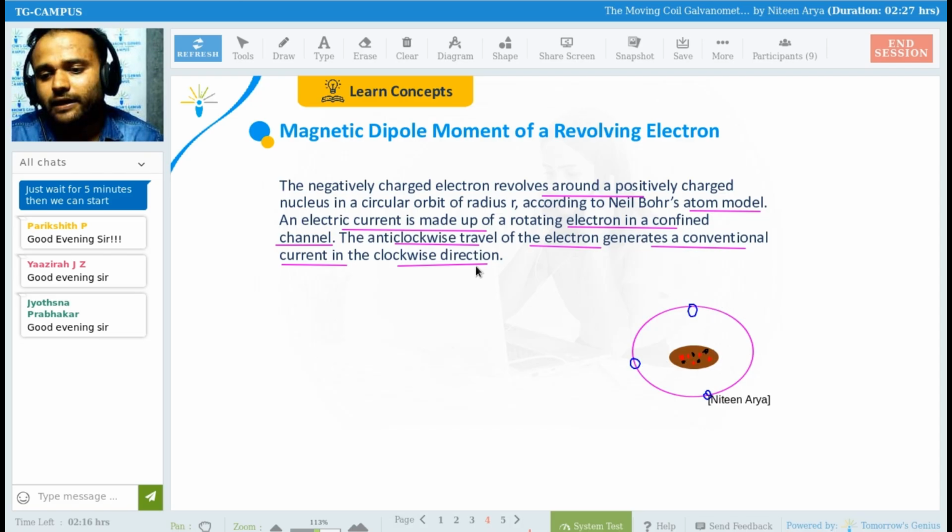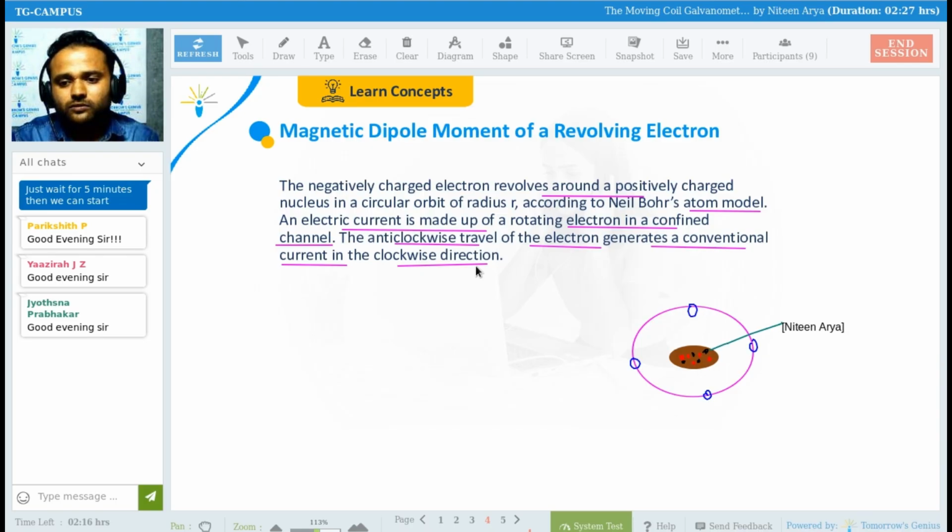The revolution of electrons is the same as the revolution of the Earth on its axis, or around the Sun. Due to the motion of charge, it creates a current, and when current is in motion, it creates a magnetic field. Whenever we have a magnetic field, we have a magnetic dipole. Whenever we have a magnetic dipole, we have a magnetic dipole moment also. Is this clear?